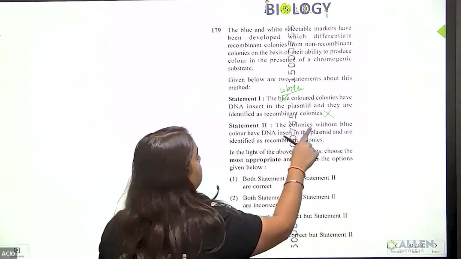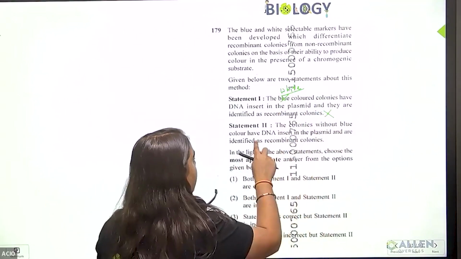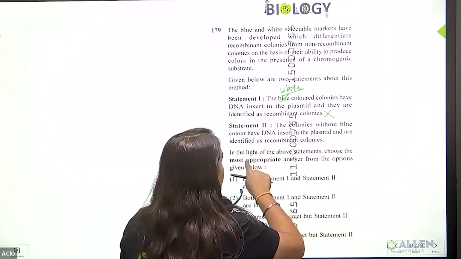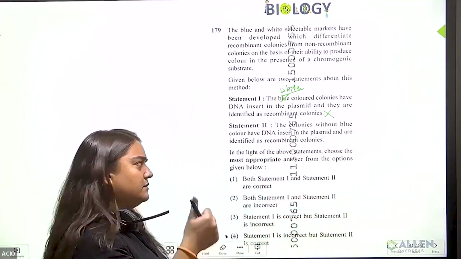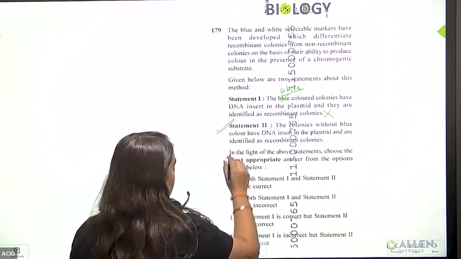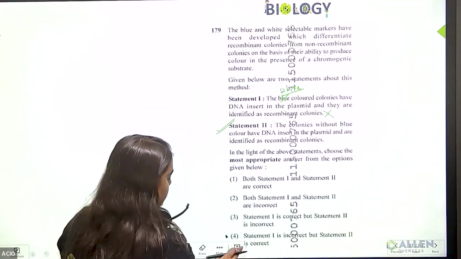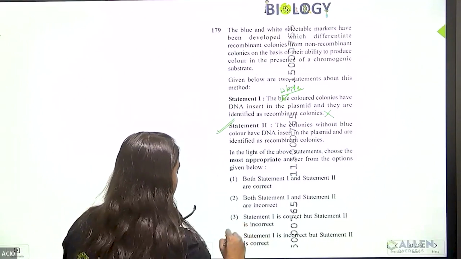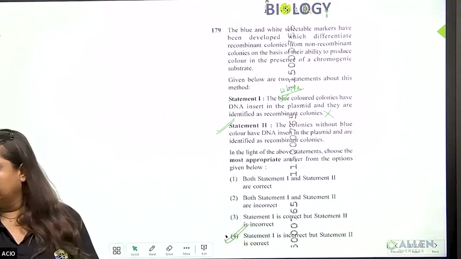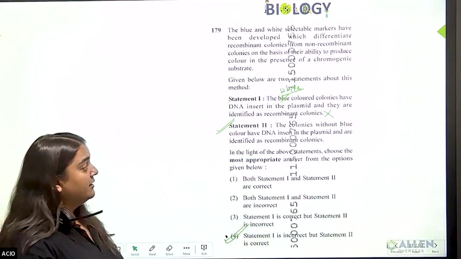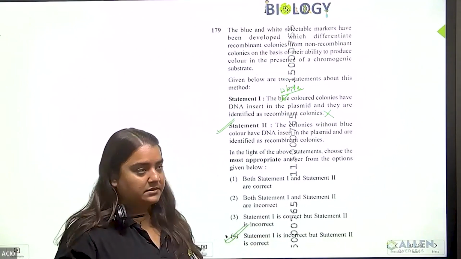Next, the colonies without blue color, that means white colonies, have DNA insert in the plasmid and are identified as recombinant colonies. Right statement. So statement 1 is incorrect, but statement 2 is correct. The fourth answer is the right one.